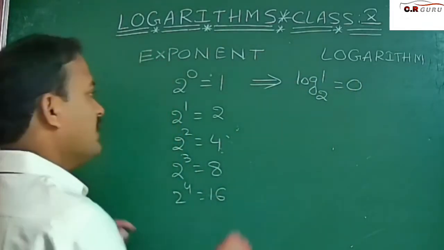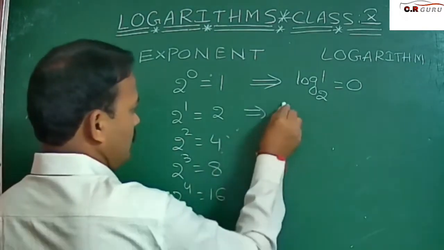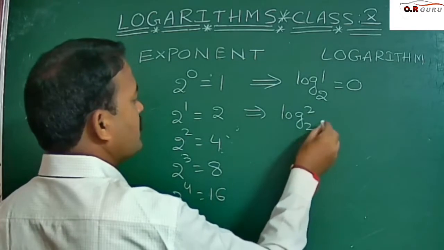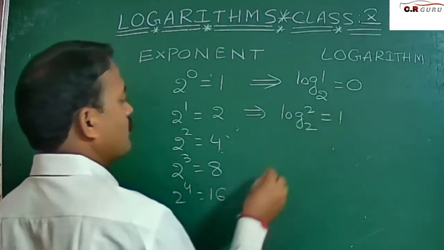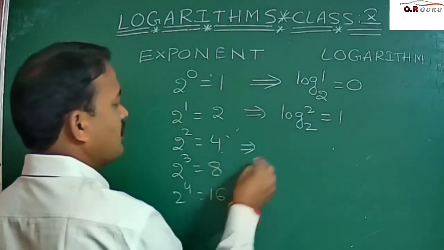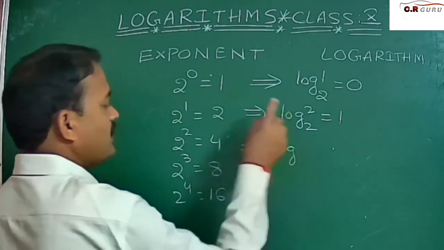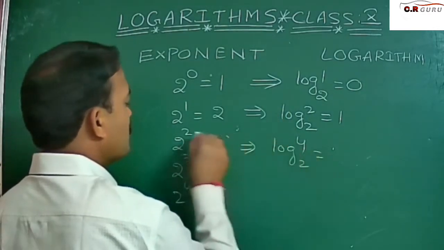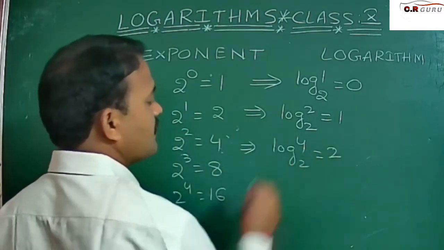Similarly here, log 2 base 2 is equal to 1, and log 4 base 2 is equal to 2, as this power will be taken as the right hand side.